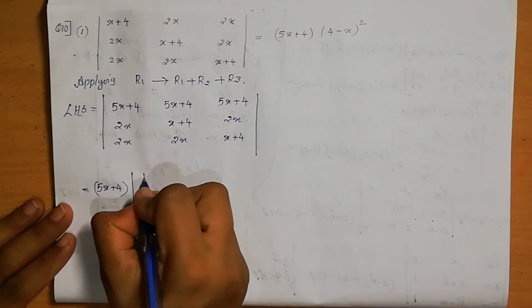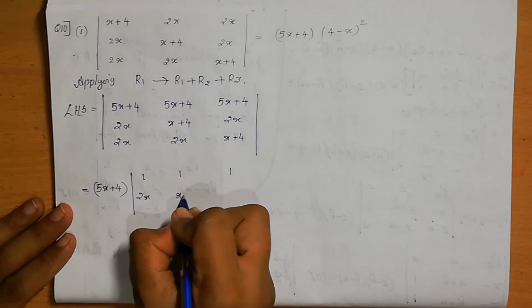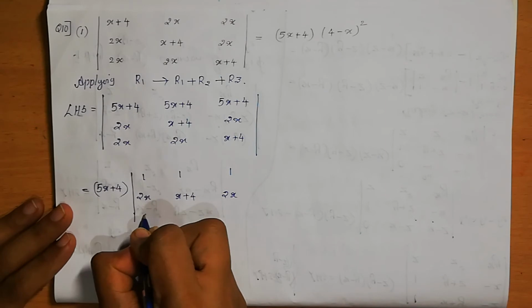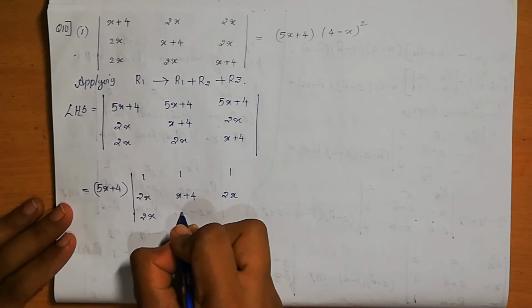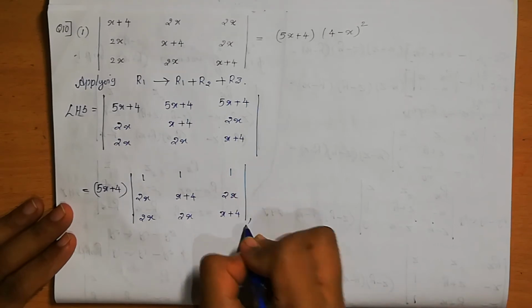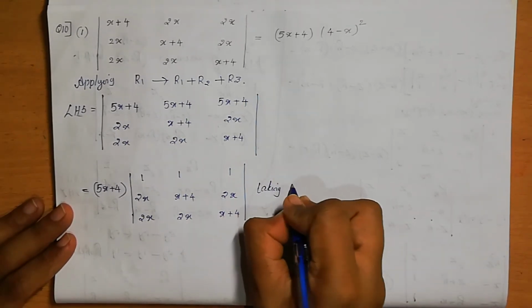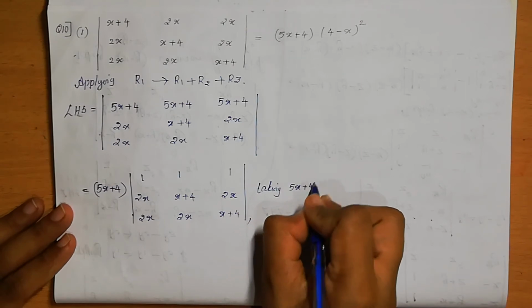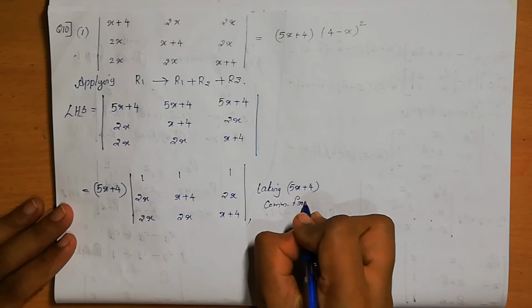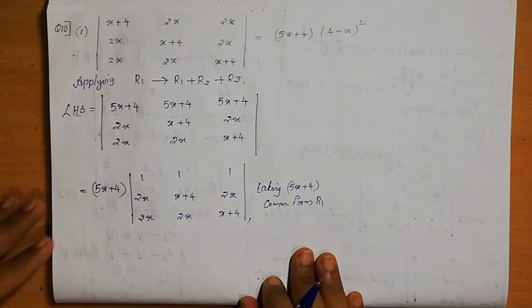So what is remaining? 1, 2x, x plus 4, 2x, x plus 4. So here we are applying the change, taking 5x plus 4 common from row 1.